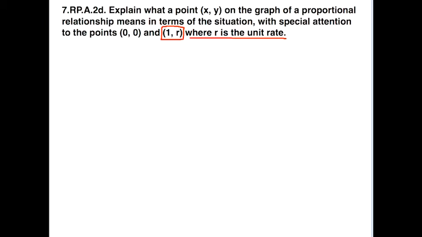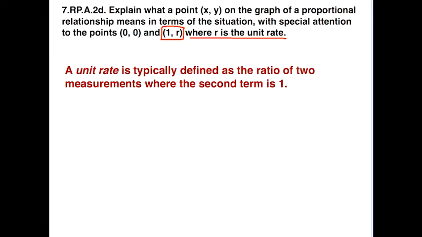Now the standard talks about r being the unit rate in that point (1, r). A unit rate is typically defined as the ratio of two measurements where the second term is 1. Now notice, we have a ratio of two measurements.